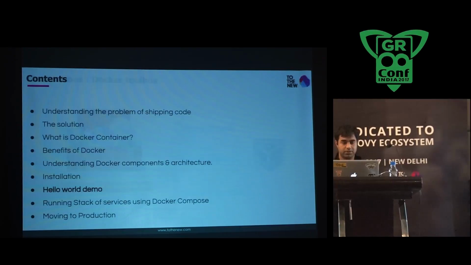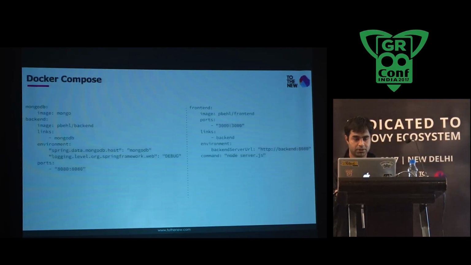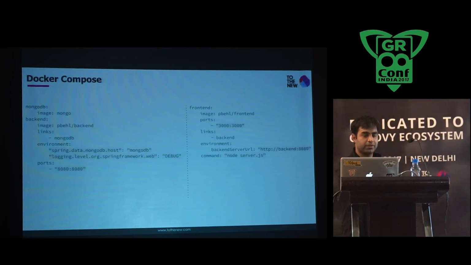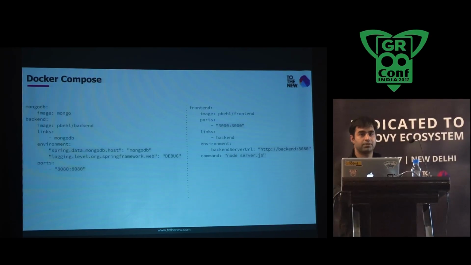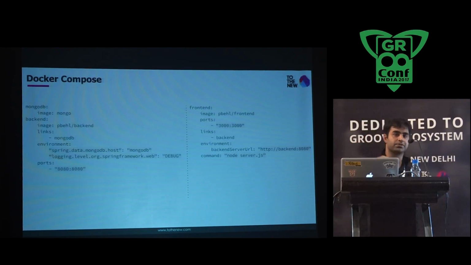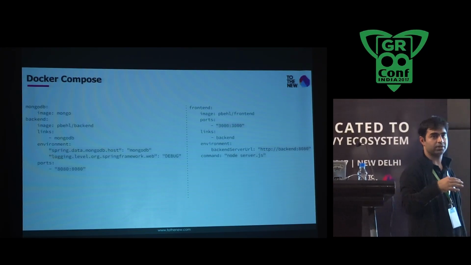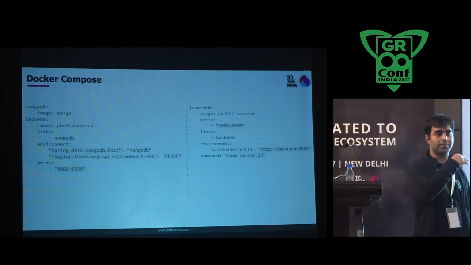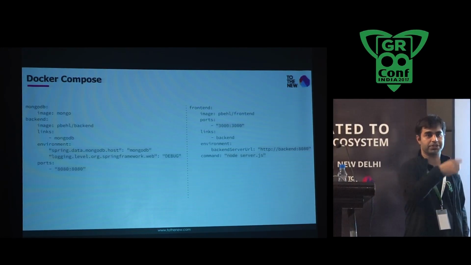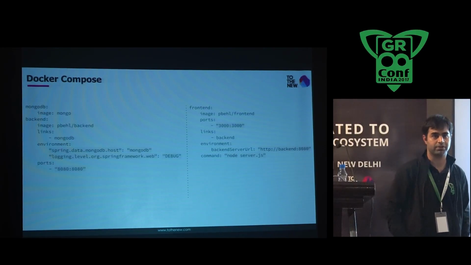Yeah, indeed. That's what I showed here. This is reading from a system property, an environment variable. You have to specify from where it is reading. Per environment, the image will be the same, but the values of these configurations will be different. Yes.